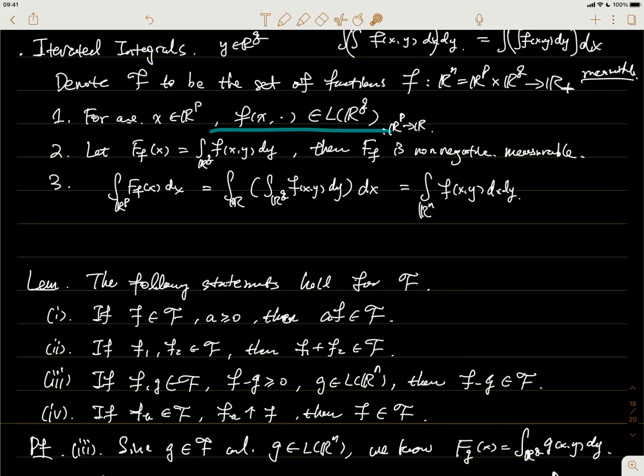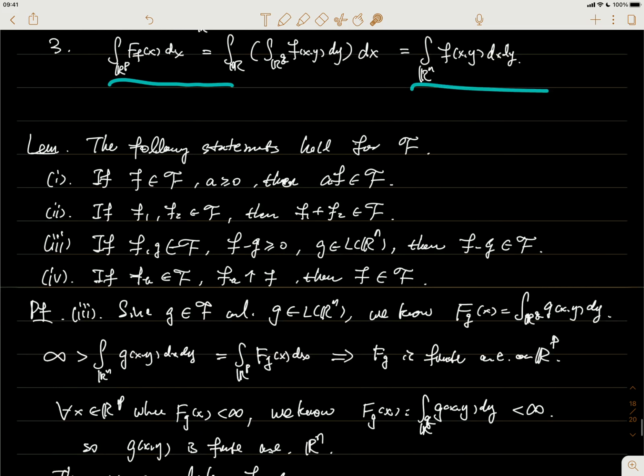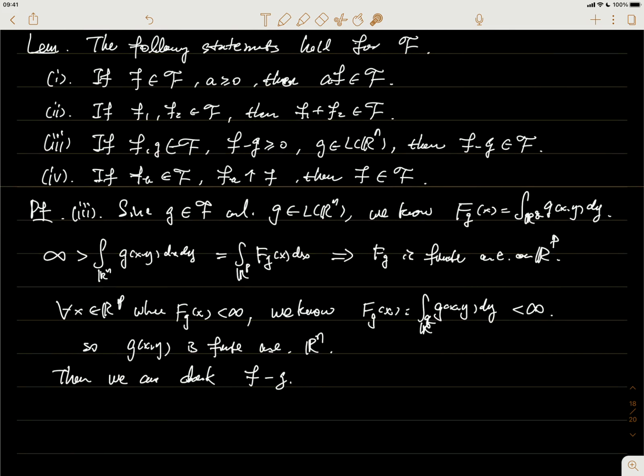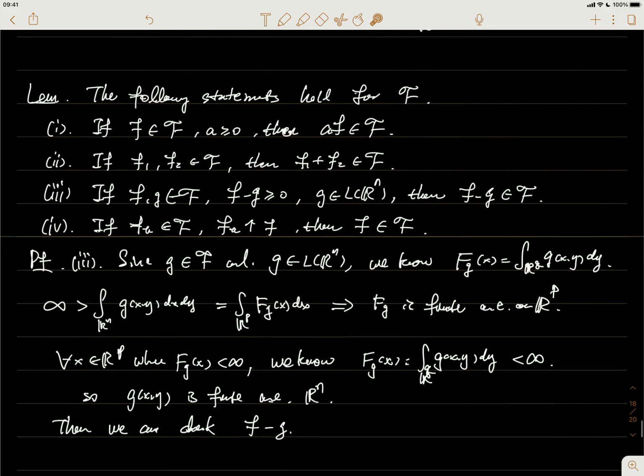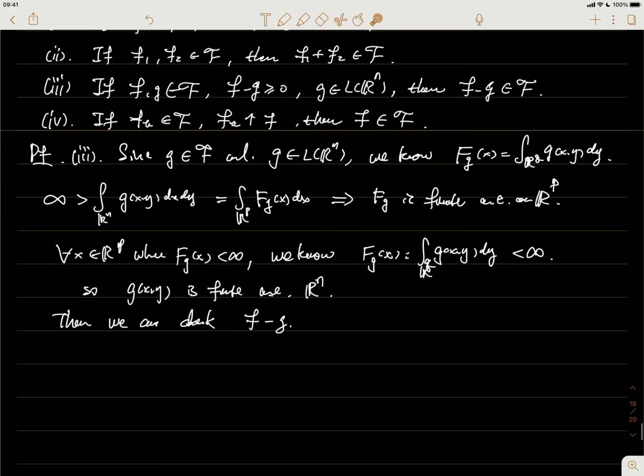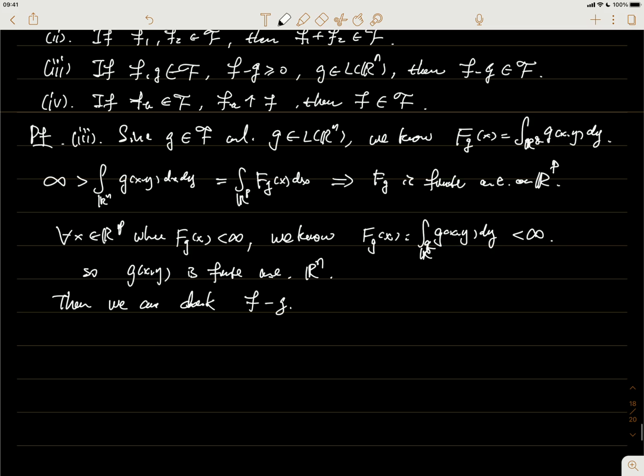So this is very easy to show for f minus g. Okay, and this is also pretty easy to show for f minus g. And the only thing is to show this, but since we already have g defined and finite almost everywhere, and the last one is also easy to show. Okay, so that's for f minus g.